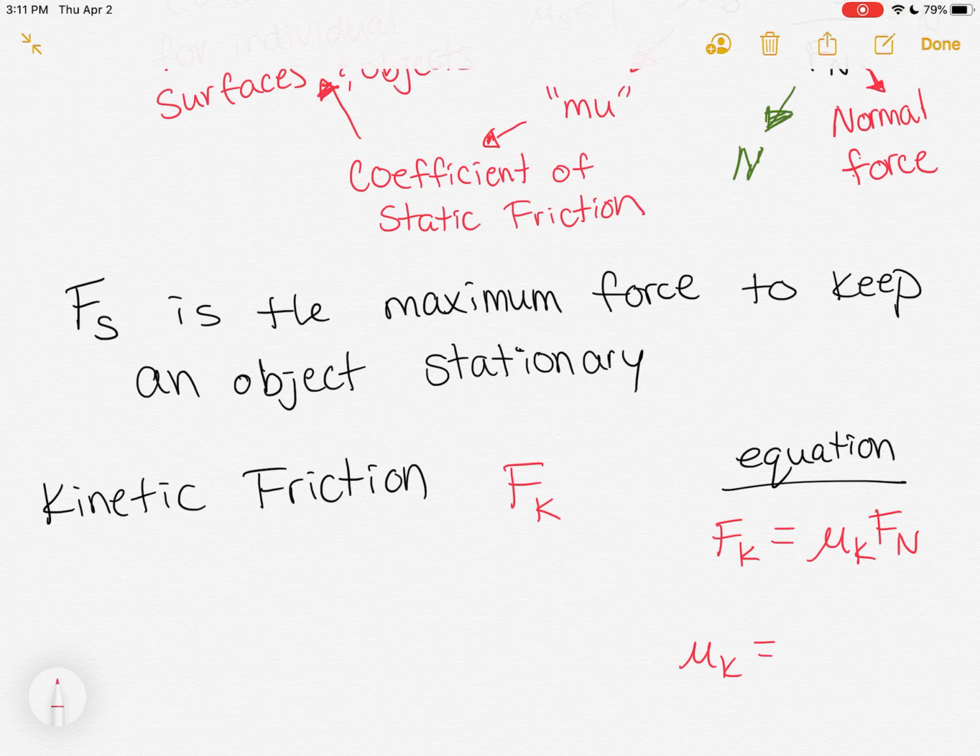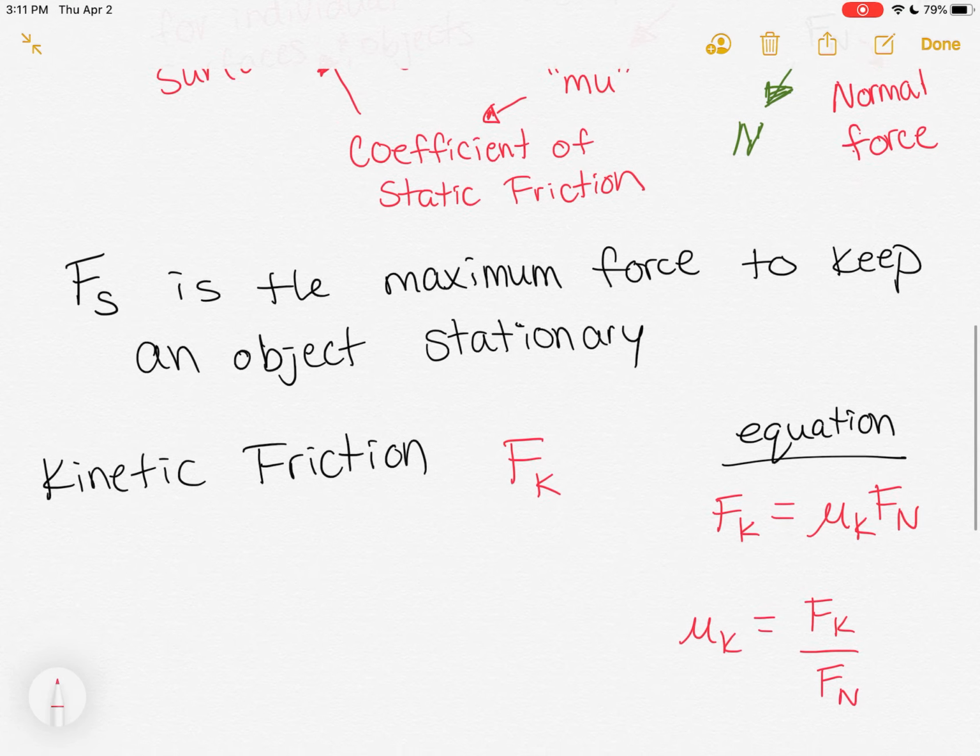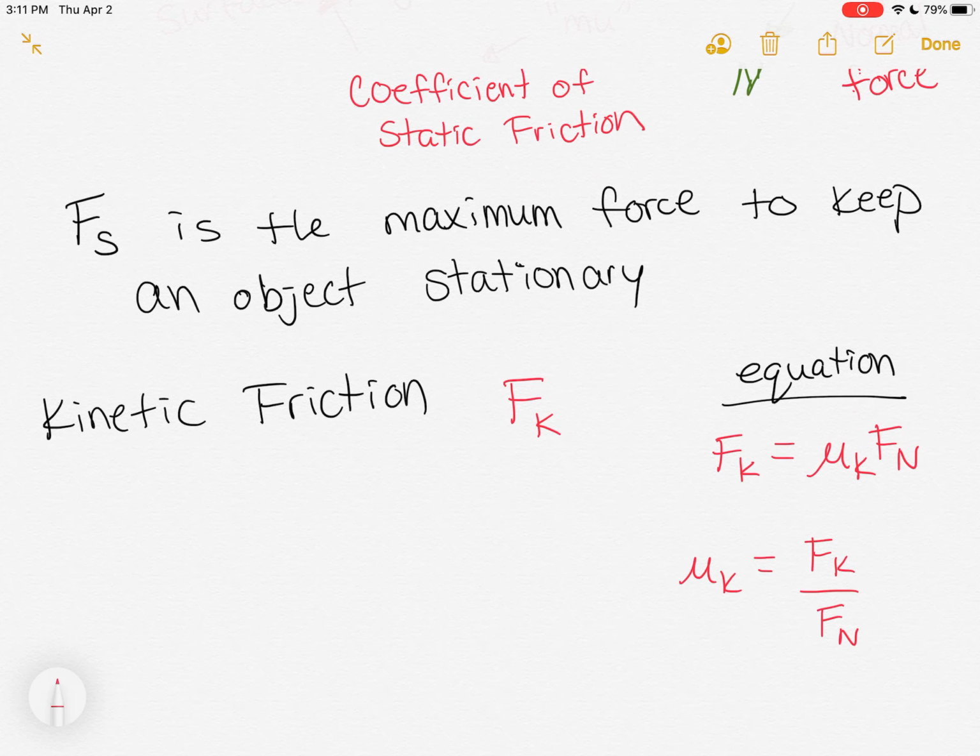We can say that mu K is actually equal to FK divided by Fn. It looks almost the same as static friction because it's the same type of equation. The only difference is that now we are dealing with kinetic friction rather than static friction, and so we use a K subscript instead of an S subscript.